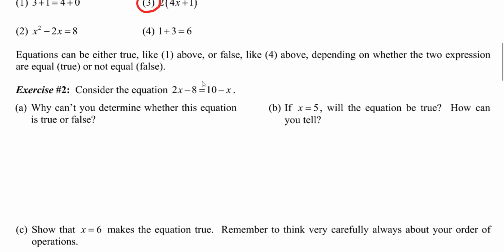Question number 2 says, consider the equation 2x minus 8 equals 10 minus x. Why can't you determine whether this is true or false? It is an equation, but why don't I know if that's true or false?